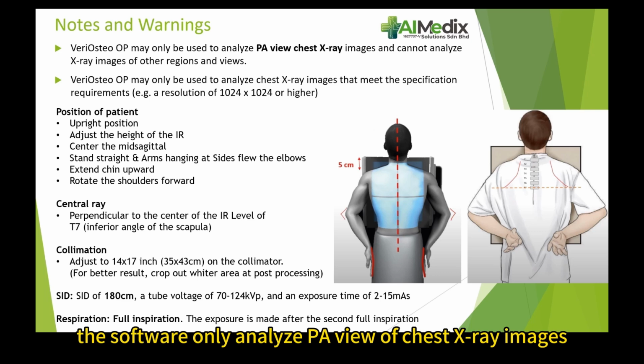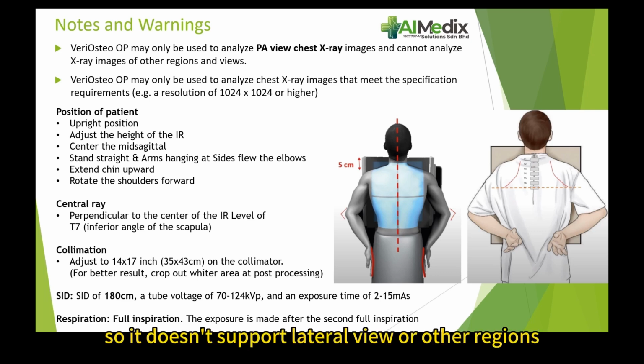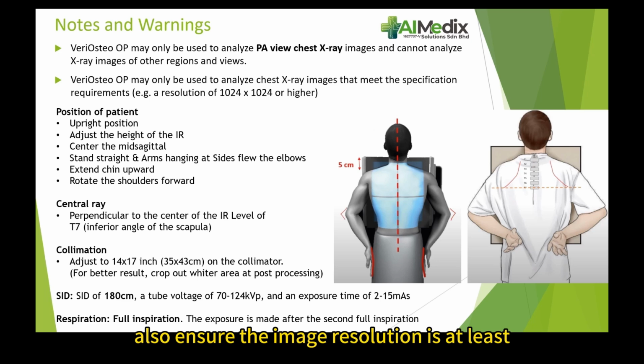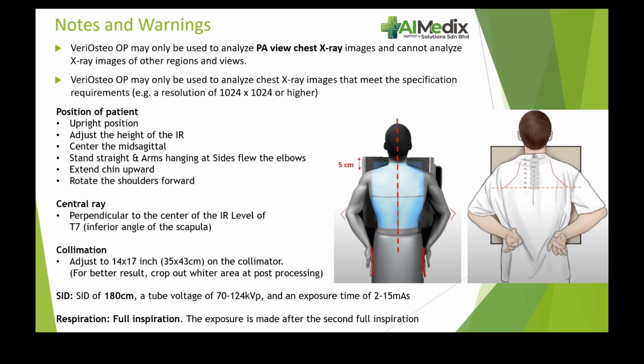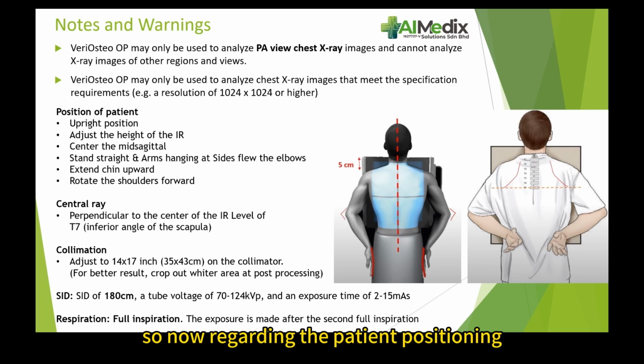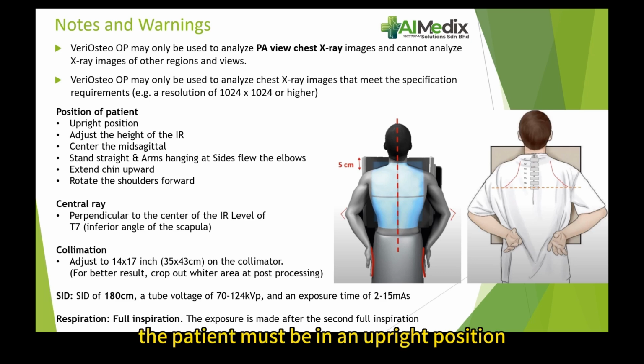Firstly, the software only analyzes PA view chest X-ray images, so it doesn't support lateral view or other regions. Also, ensure the image resolution is at least 1024 by 1024 pixels to meet the minimum requirement. So now regarding the patient positioning, the patient must be in an upright position.